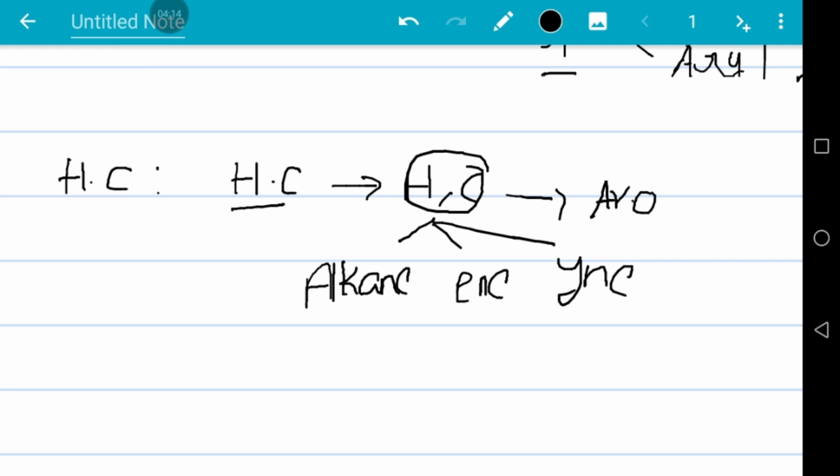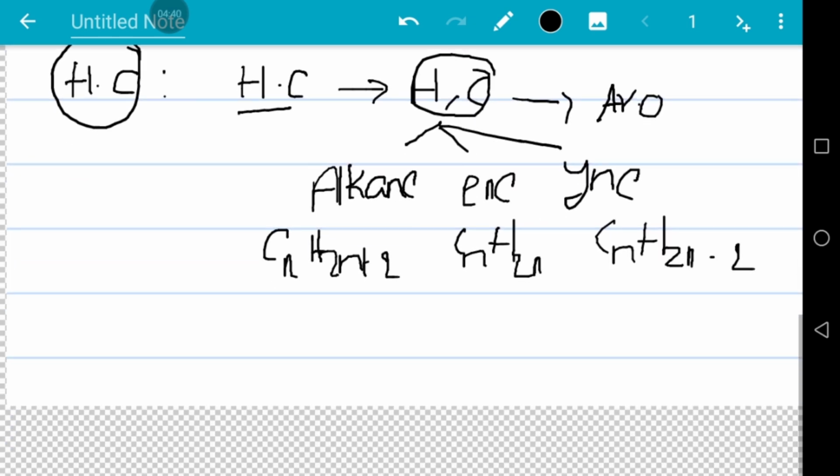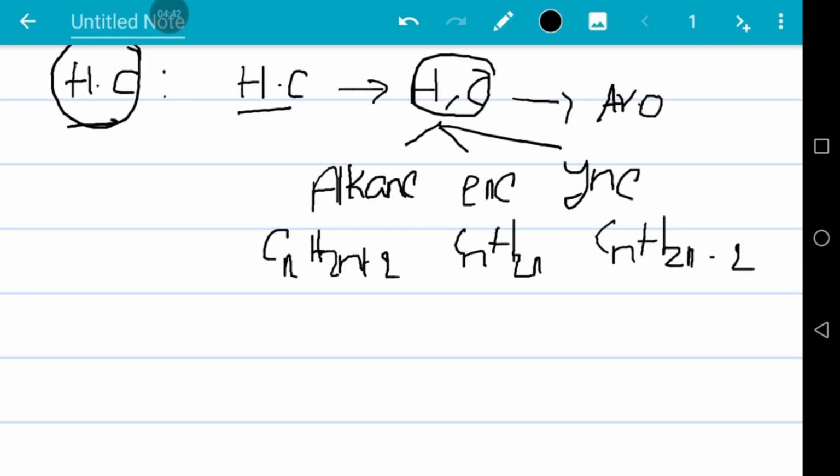Now here, the alkane general formula, what is that? CnH2n+2. The alkene is CnH2n, and the alkyne is CnH2n-2. So these are the hydrocarbon general formulas. Now what we are discussing is halogen compounds. Halogen compounds are the derivatives of hydrocarbons.